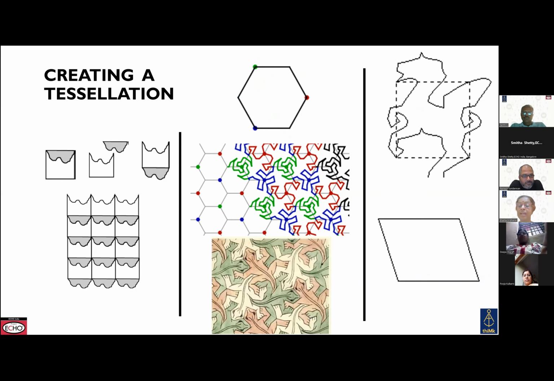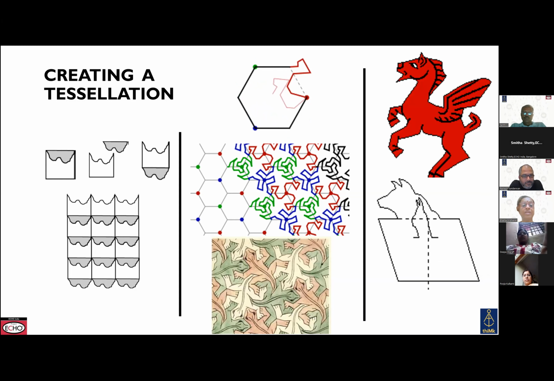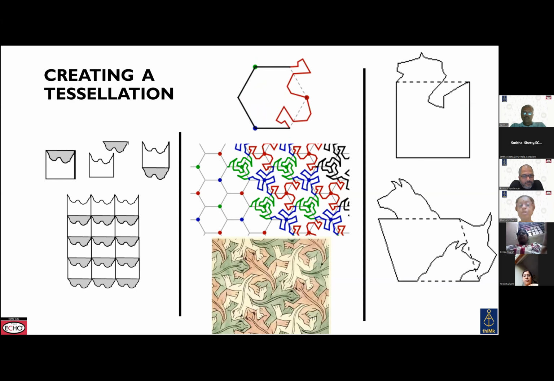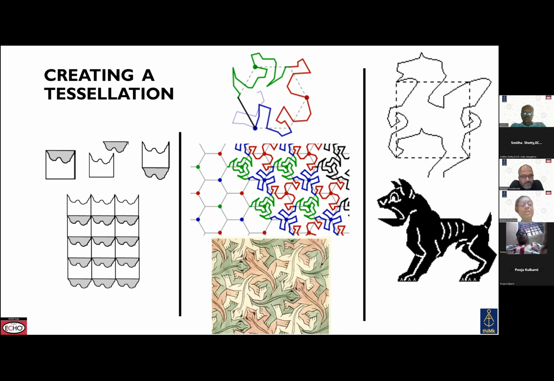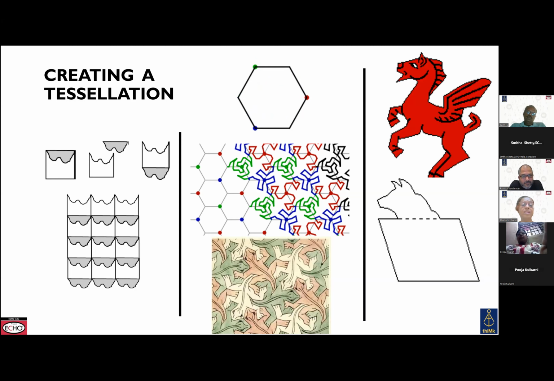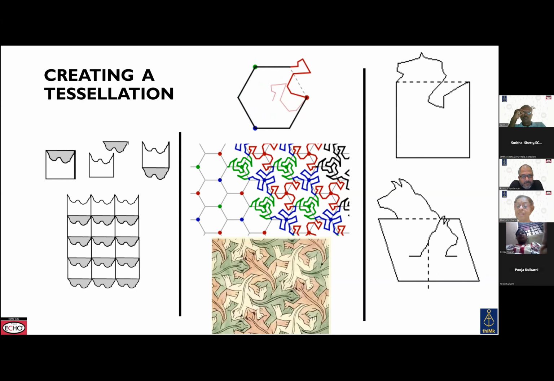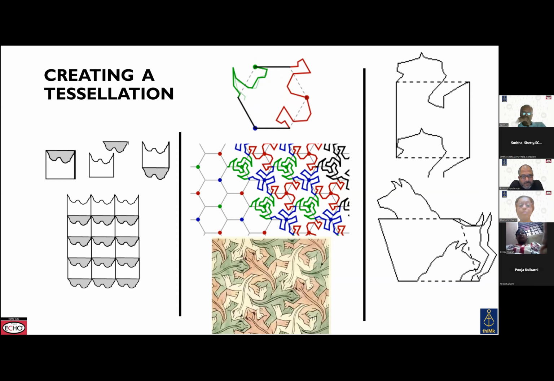In the second set of figures in the center, you start off with a hexagon, and then you create this pattern, you cut it out, and then you rotate it to the next adjacent side. And so we get this family of lizards, which is again Escher's creation.